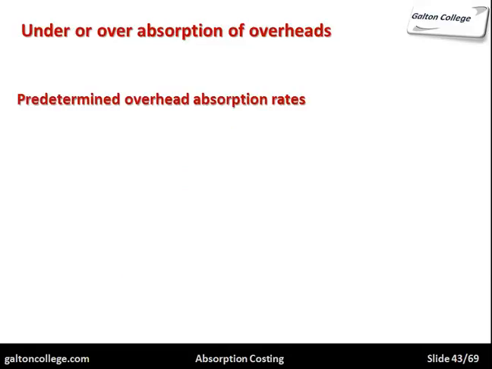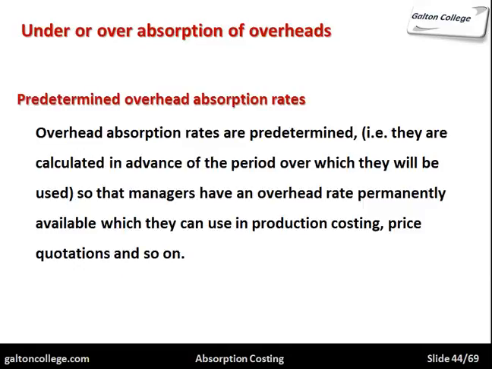Now, predetermined overhead absorption rates. Well, overhead absorption rates are predetermined. That is, they are calculated in advance of the period over which they will be used, so that managers have an overhead rate permanently available which they can use in production costing, price quotations and so on. Clearly, from one period to the next, management information has built up.